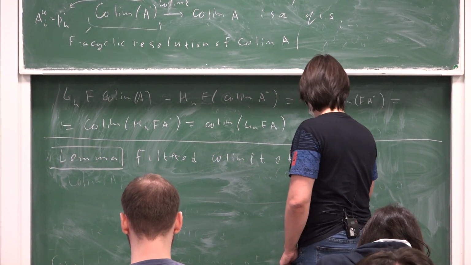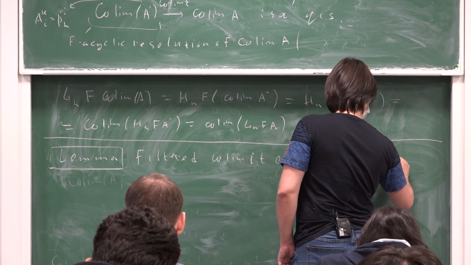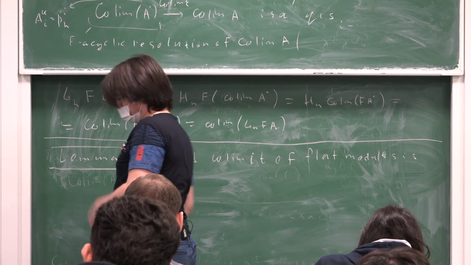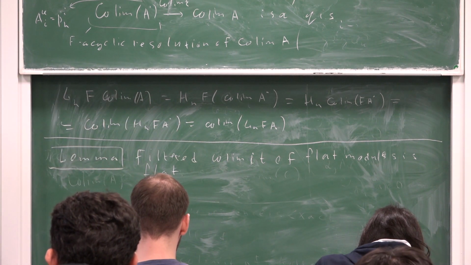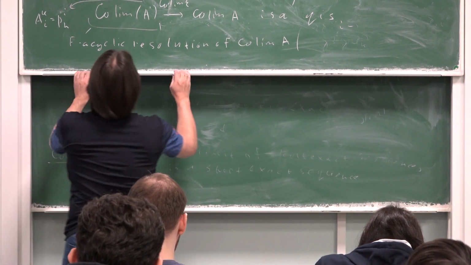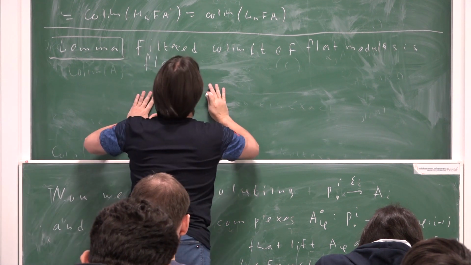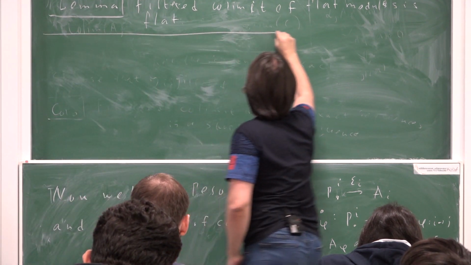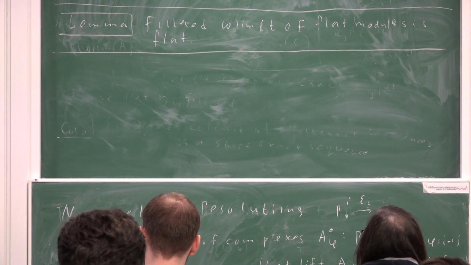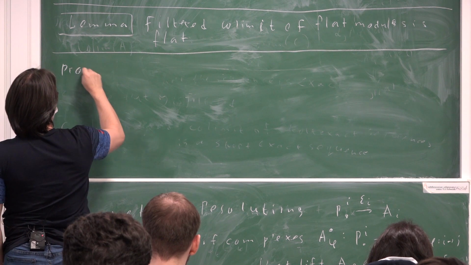In fact, a filtered colimit of flat modules is flat. So let us take some monomorphism.